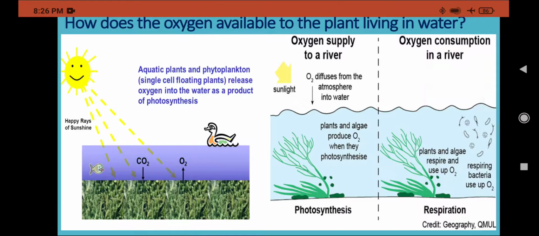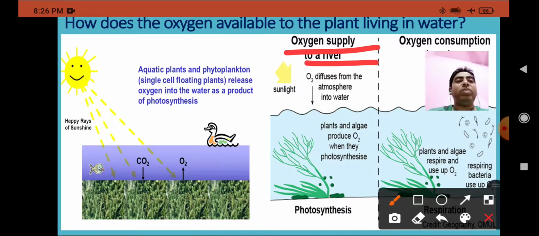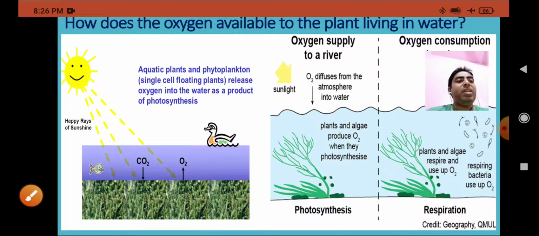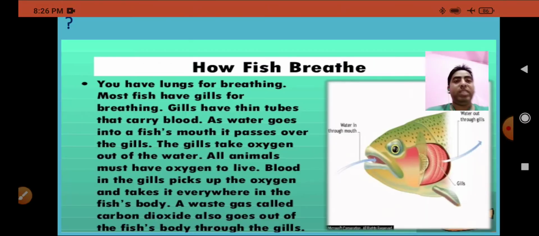Here you can see the oxygen supply to the river. Oxygen diffuses from the atmosphere into the water, and the plants and algae produce O2 when they do photosynthesis. That oxygen which is released is utilized by different organisms.